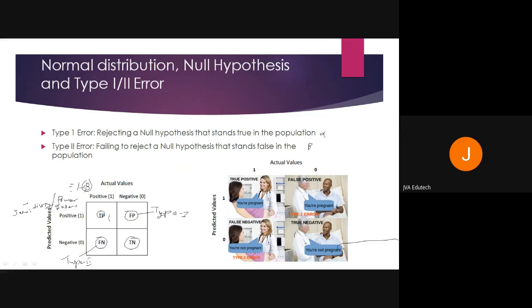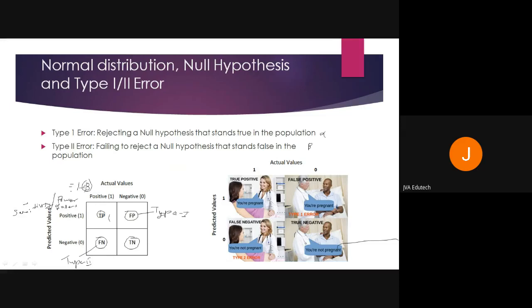Please avoid it. But seriously avoid doing type 2 error. Means something that is false in the population, and you are actually accepting that, or failing to reject that null hypothesis, then that will be the case of type 2 error, and this should be seriously avoided.